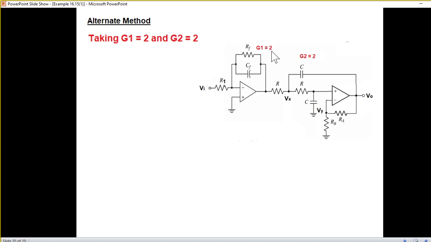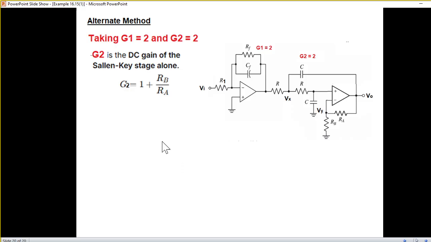We want G2, or the gain 2, in the first stage and gain 2 in the second stage. So nothing new, exactly same technique that we have been following, but the frequency is not changing. Just this value will determine the gain here, and here also it is RF, R1 will determine the gain. So the gain of the second stage is 1 plus RB over RA, which is 2.